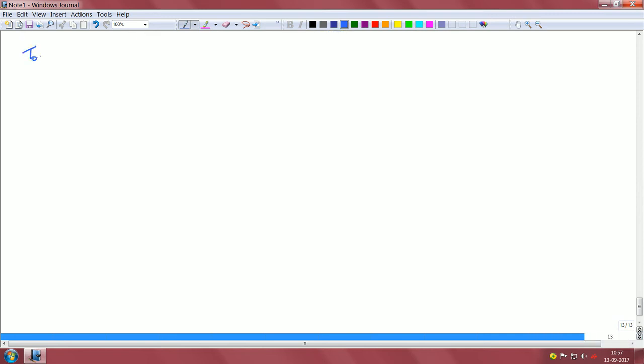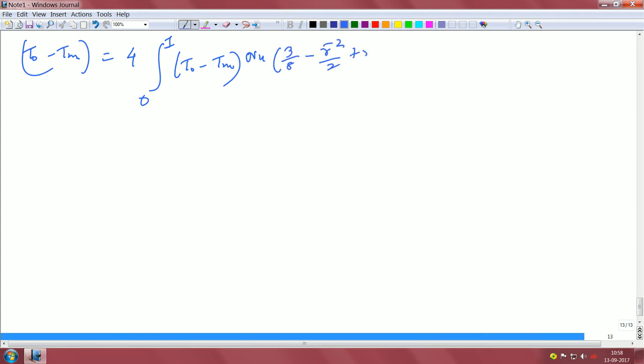So T naught minus Tm is equal to 4 into the integral from 0 to 1, again with T naught minus T substituted now with Nusselt number times 3 by 8 minus r square by 2 plus r to the power of 4 by 8, into 1 minus r bar square, r dr bar, right. That is the substitution. Now this gets cancelled, because T naught minus Tm is not a function of r anymore, so you can take it out of the integral.